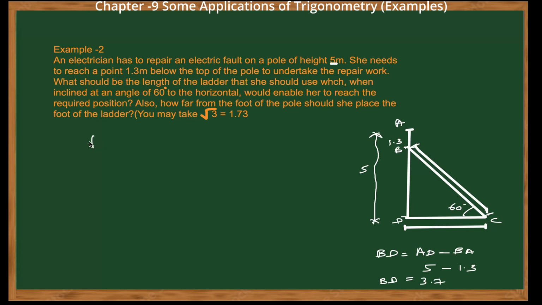Perpendicular by base we know is tan. So tan theta is BD, the perpendicular, divided by DC. We have the angle, so what is the value of tan 60? We have the value of BD, which is 3.7.